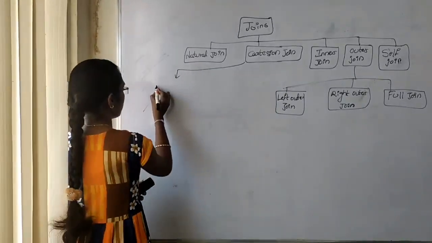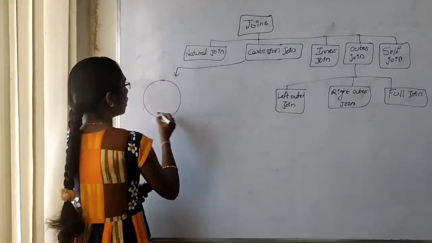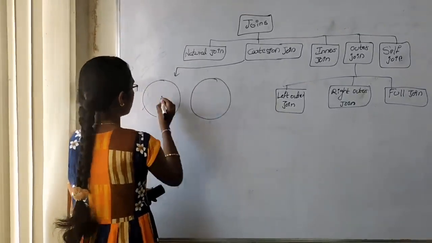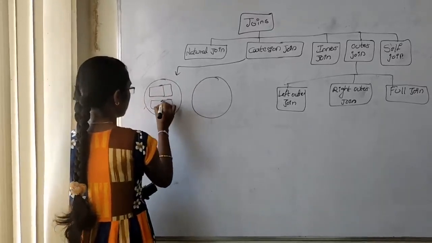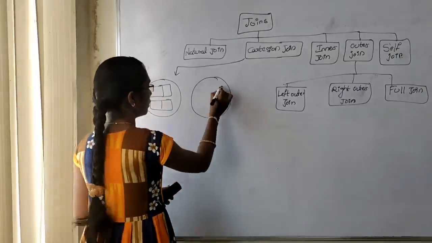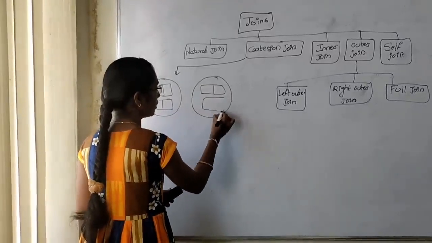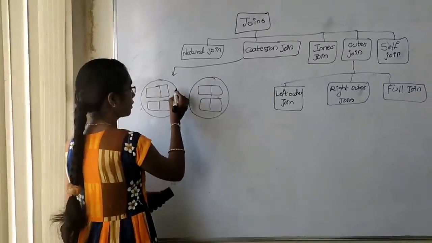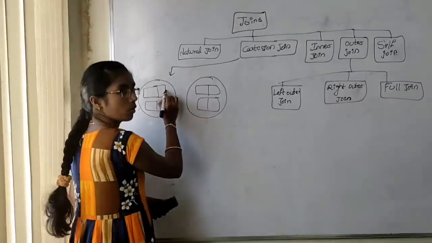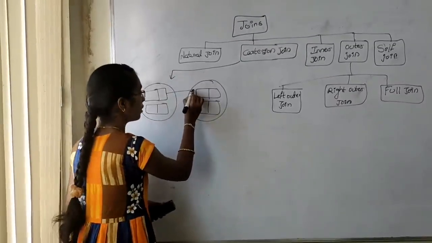So the diagram is like this. For example, we are having 2 tables. Table 1 has some columns and rows, and table 2 also has some columns and rows. This Cartesian join works so that every row from one table is connected with every row of the other table.